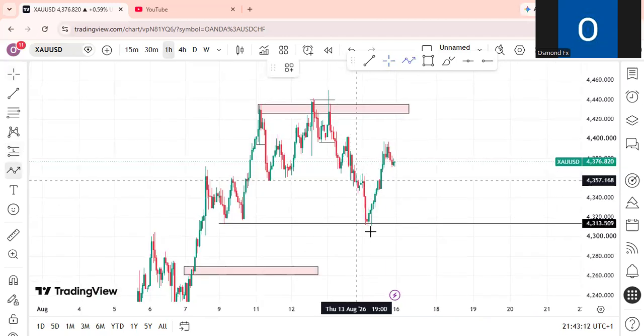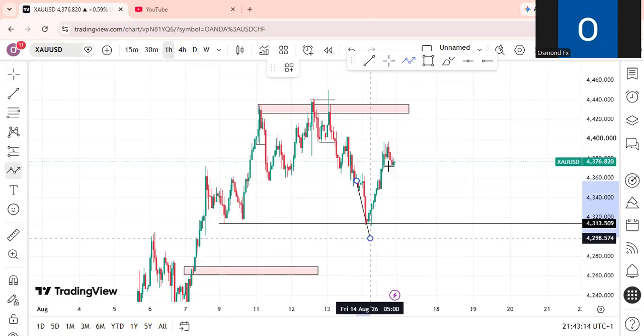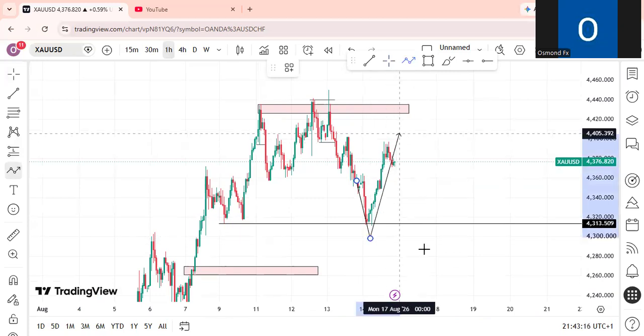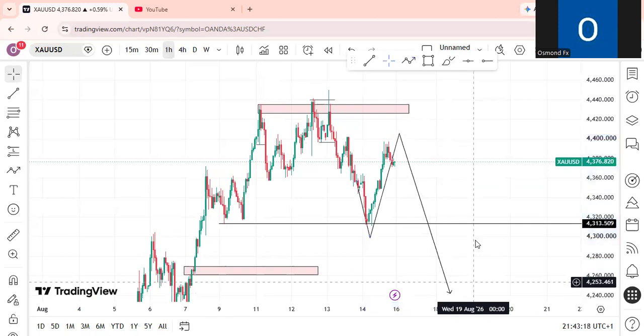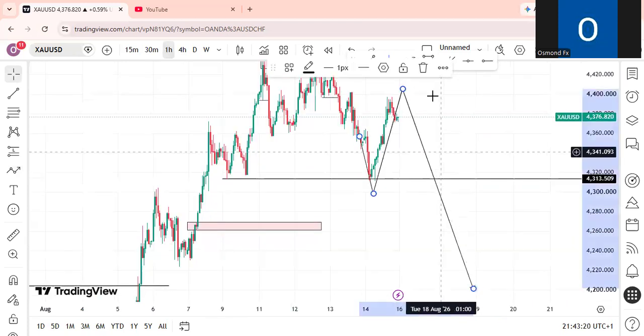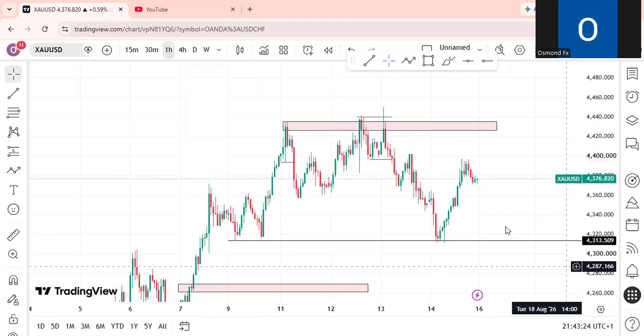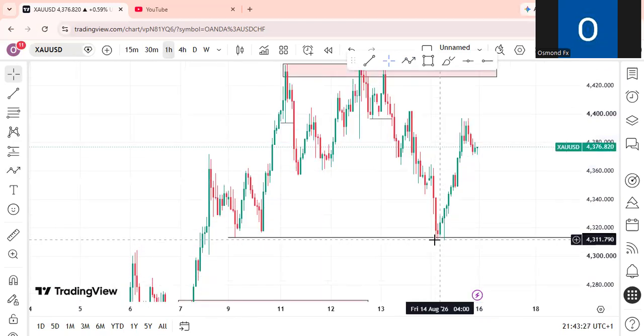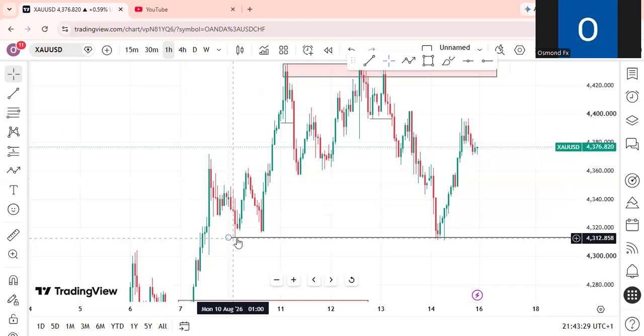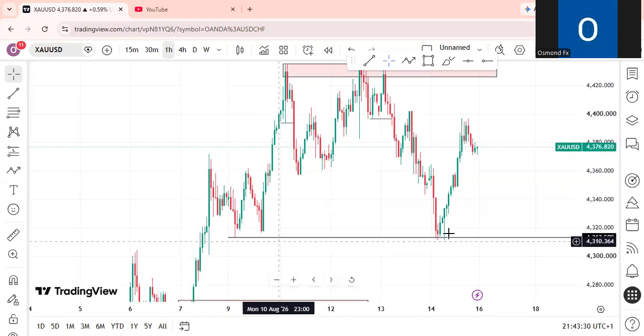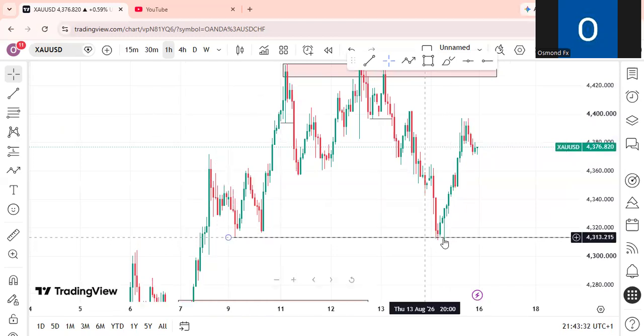If the market had broken structure properly, we would have expected it to sell and start going down. But instead, it was the wick of the candle that broke structure here. Whenever the wick of the candle breaks structure below, that is not a proper break of structure. That is liquidity. The market is trying to take liquidity and start buying to the upside.